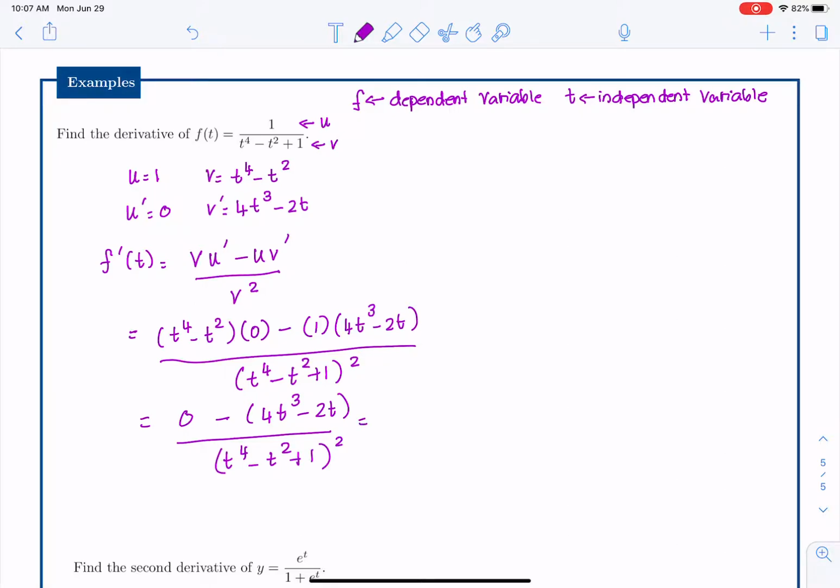We have a 2t in common, so minus, if I pull 2t out, I'll have 2t squared plus 1, minus 1 divided by t raised 4 minus t squared plus 1 squared.